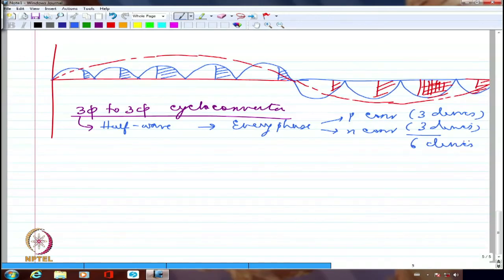So I will require 18 devices if I am talking about half wave. If I talk about full wave, I have to double it. I will require 36. So we will require 36 thyristor devices or SCR devices and their control independently if I want to do it from 3-phase to 3-phase. Right? So if I am talking about half wave, basically the circuit will be somewhat like this.